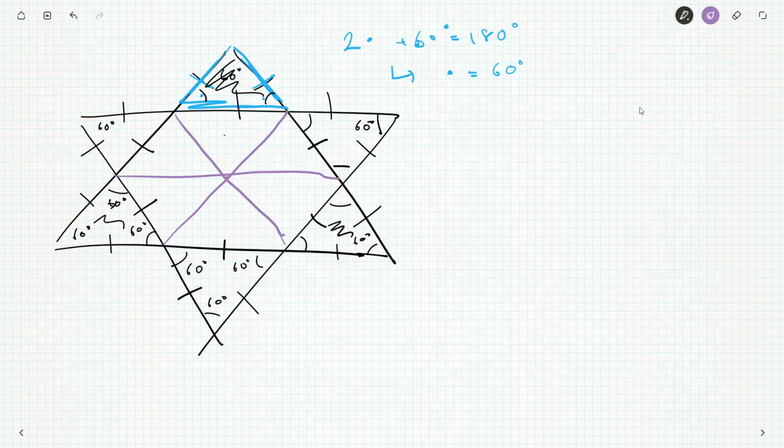Now, what could we say about these triangles? Well, I suspect they're all equilateral. I need a way to confirm this. Let's see, we've got 60 and 60. This is 120 degrees here.